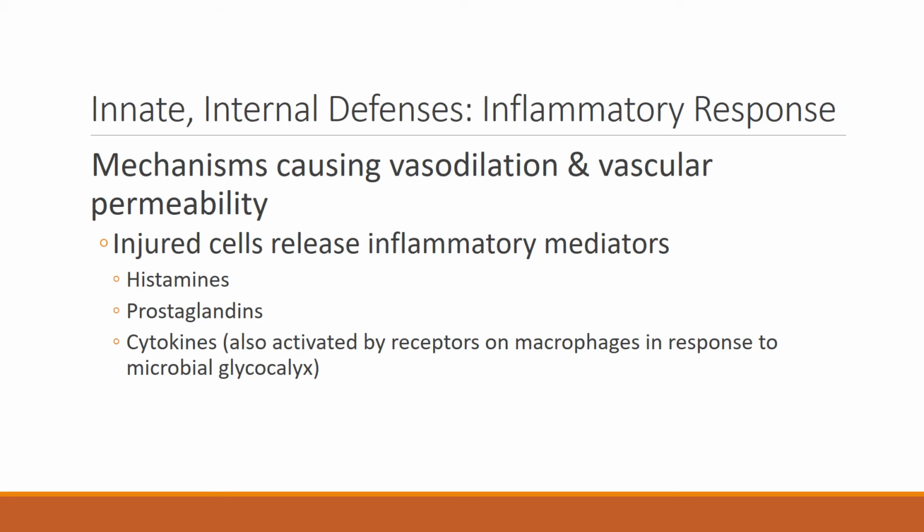Also, we'll have cytokines, which are chemoattractants for leukocytes to come to the local area. And one other big part is our kinins, which are important for dilation of those blood vessels.